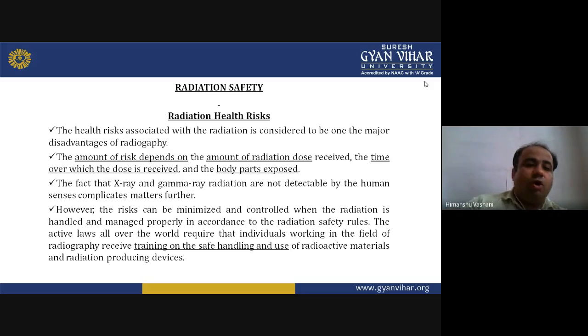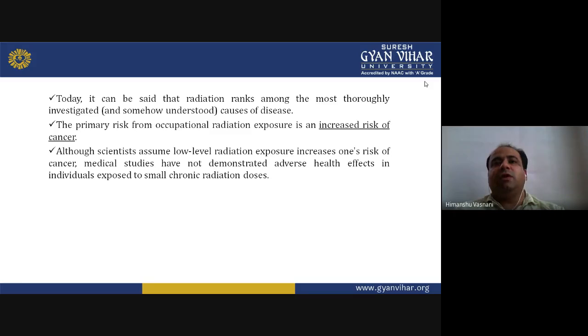The active laws all over the world require that individuals working in the field of radiography receive training on the safe handling and use of radioactive materials and radiation producing devices. So it can be said that radiation ranks among the most thoroughly investigated causes of disease.